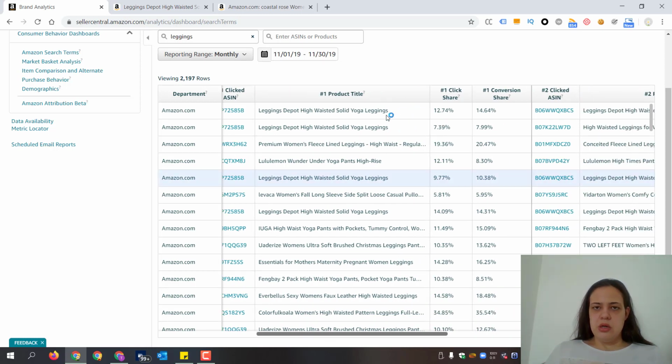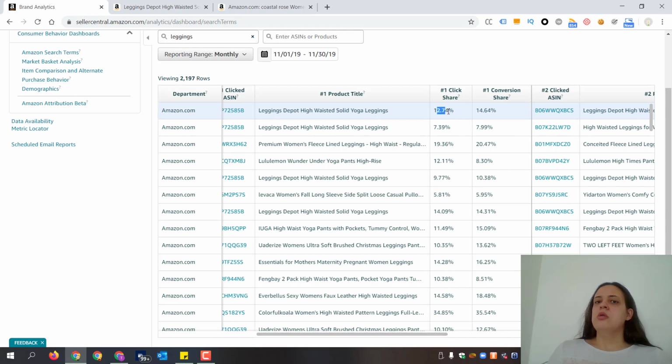Number one click share means out of 100% of clicks, how many clicks this specific product received for this specific search term. So for the search term leggings for women, they received 12% of clicks out of all clicks that there were for this specific keyword. So you can only imagine how many clicks there were if they have it at such a high percentage.